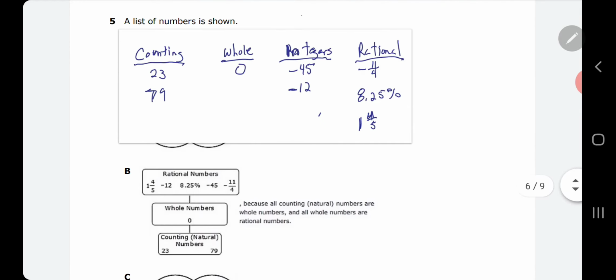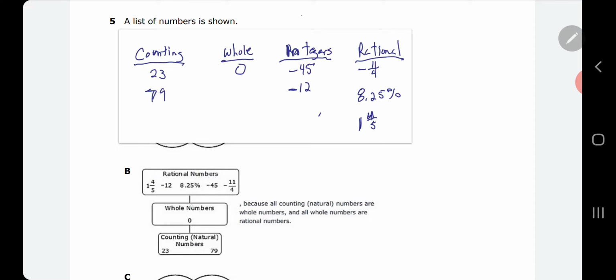All right, B is showing that we have our rational numbers on the top as -4/5, -1/4, -12, which is correct. That is a rational number. 8.25% is a rational number. -45 is a rational number. -11/4 is. That's correct.